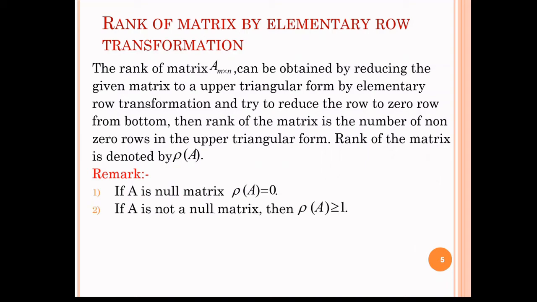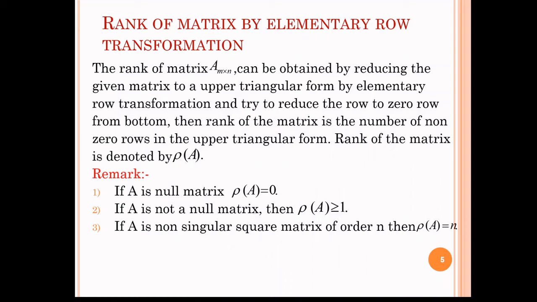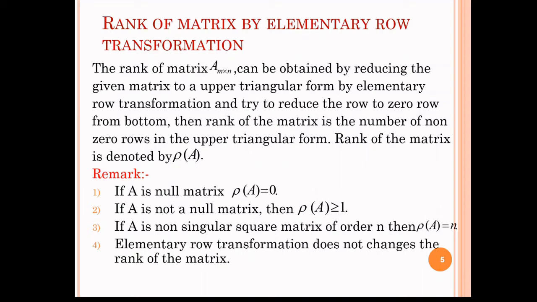For a matrix other than the null matrix, the rank will always be greater than or equal to 1. For a non-singular square matrix of order n, the rank will always be equal to n. Non-singular means the determinant is not equal to 0. And elementary row transformations do not change the rank of the matrix.